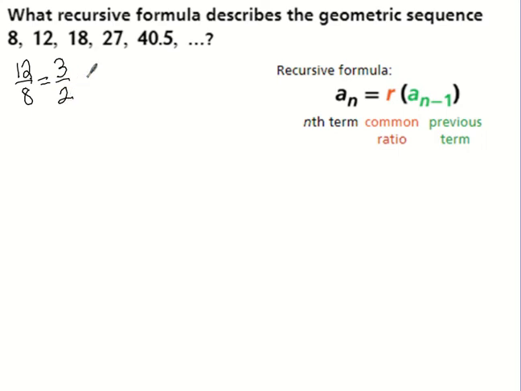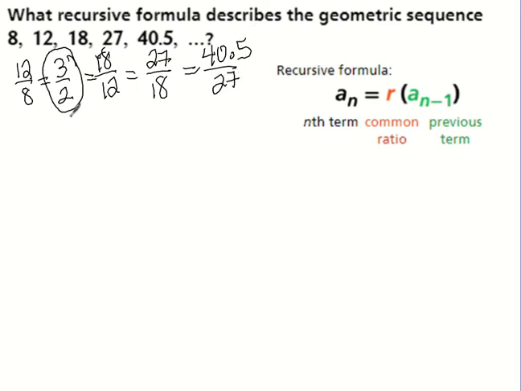Now if we set up all the other ratios, 18/12 and 27/18 and 40.5/27, we are in fact going to get this common ratio of 3/2. So that is our r, my little r in this form.